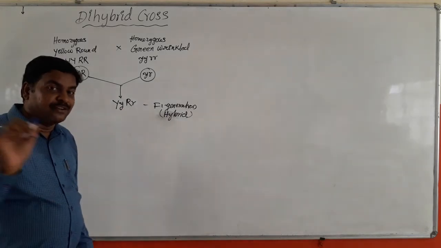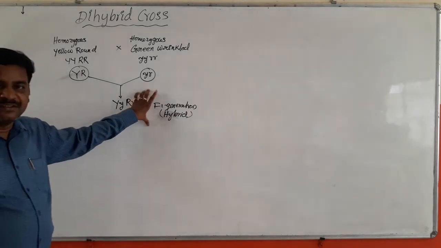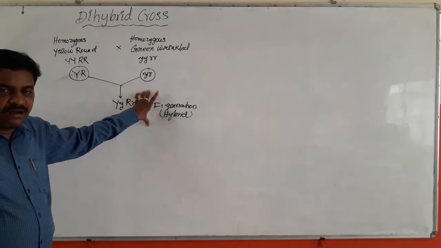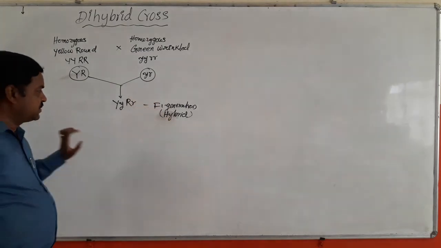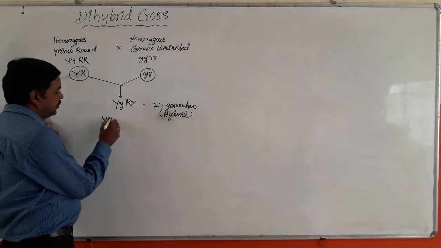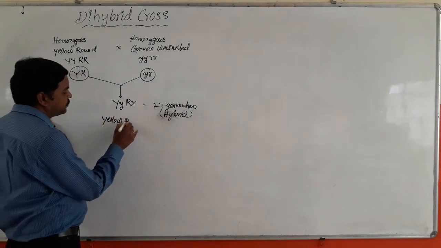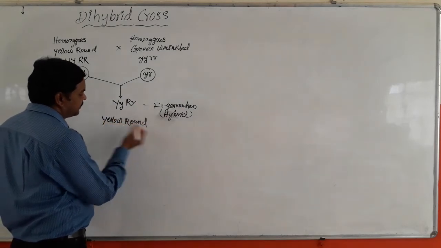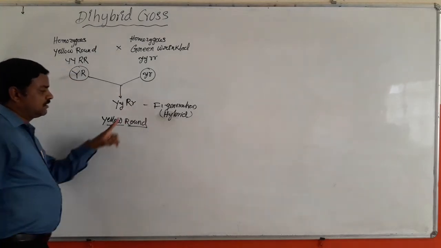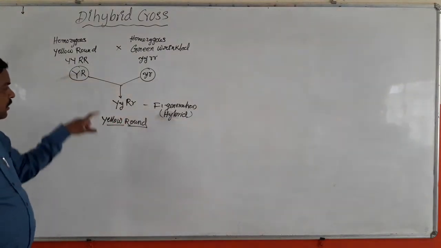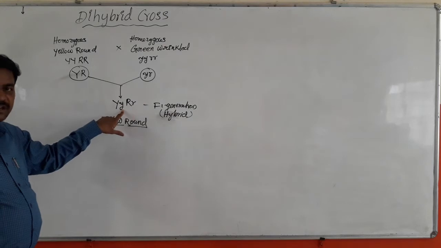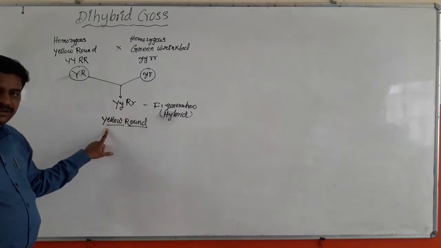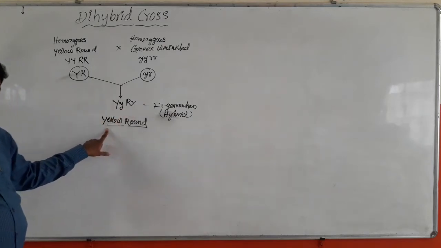And what is the phenotype of this F1 generation? All the plants formed in the F1 generation are yellow round, because capital Y dominates over small y, so that yellow color is expressed in the F1 generation.